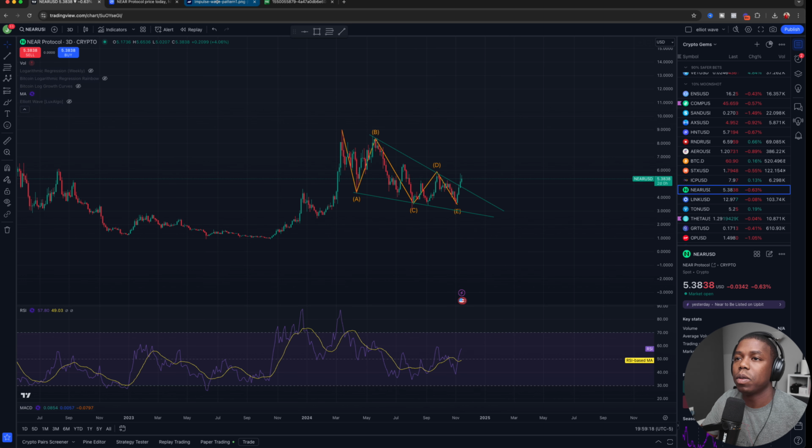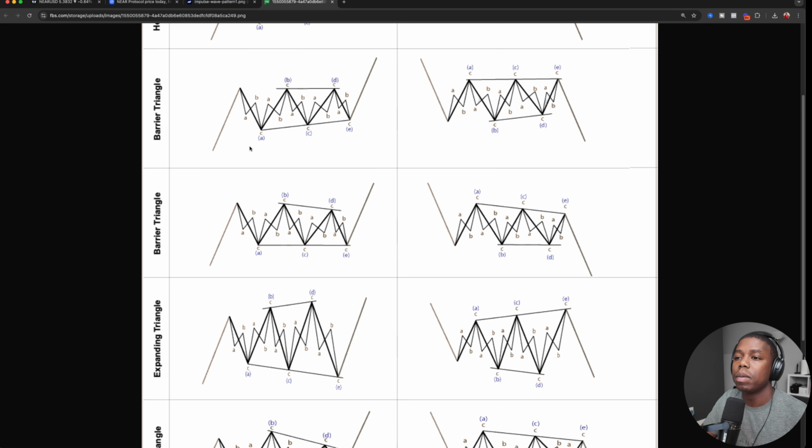You'll see different diagrams of what this looks like, but it still comes back to an ABCDE pattern, and it's going in a bull trend into the corrected pattern, usually correcting or accumulating and then continuing on in the trend.